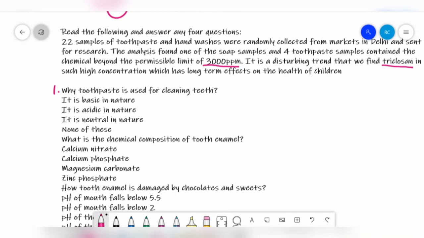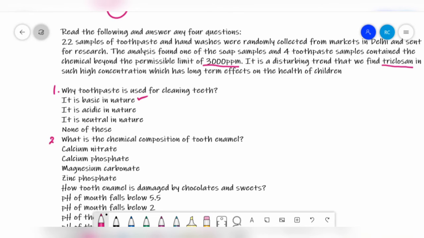So these foods undergo decomposition or decay, and mostly our mouth will have acidic nature. So every time we have to use a toothpaste. So we say the toothpaste is basic in nature so that it will undergo a neutralization reaction. So always, the toothpaste is basic in nature.